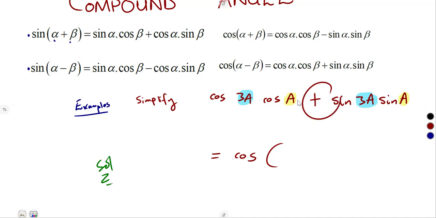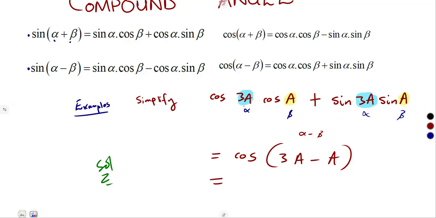When the terms are subtracted, it means it was taken from cos of alpha plus beta. So that's supposed to be cos of alpha plus beta. What is our alpha? What is our beta? Our alpha is 3a, and our beta is a. So we were going to add: 3a plus a, this is just 4a.